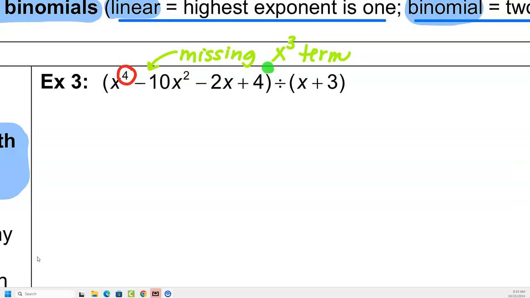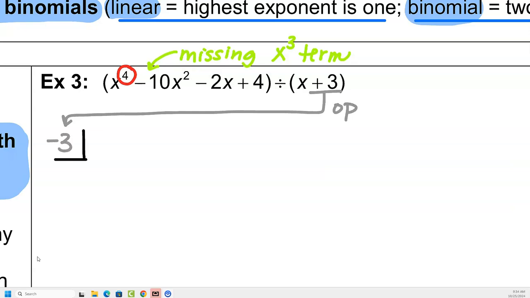Is there an x to the 0, or a constant? Yes. So it's only missing the one term. Okay. And notice, is this a linear binomial? It sure is. And so I'm going to set up my window. And in my window, I'm going to take the opposite of this plus 3 here and write it here as negative 3.